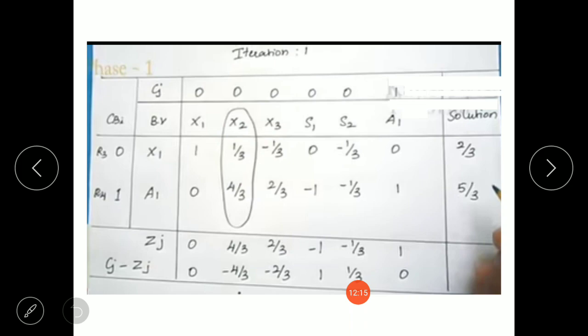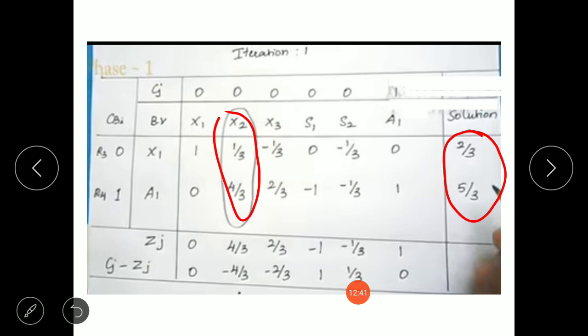Now, next step, we need to find the key row. For finding the key row, we need to find the ratio. And how are we going to find the ratio? The ratio is elements of the solution column divided by elements of the key column. That is 2 by 3 divided by 1 by 3. And for the second element of the ratio column, 5 by 3 divided by 4 by 3.